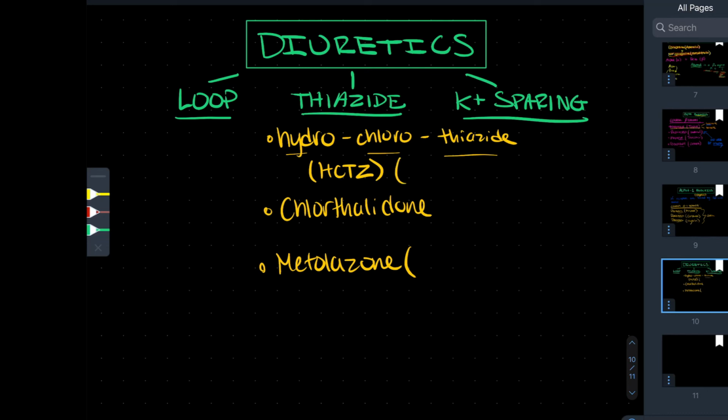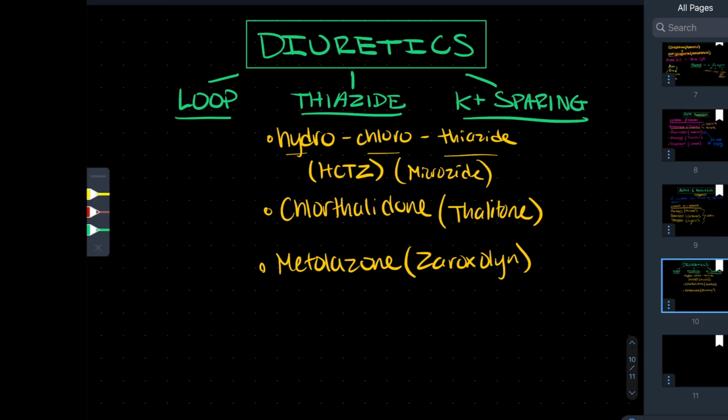Hydrochlorothiazide's brand name is Microzide. Chlorthalidone is Thalitone. And metolazone is Zaroxolyn.